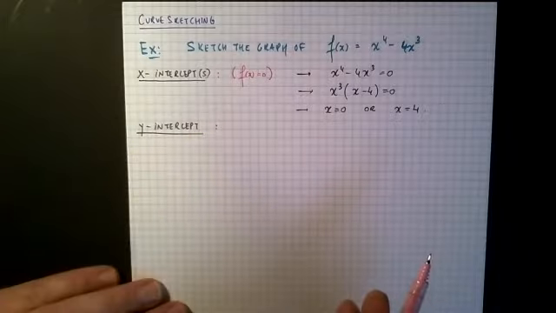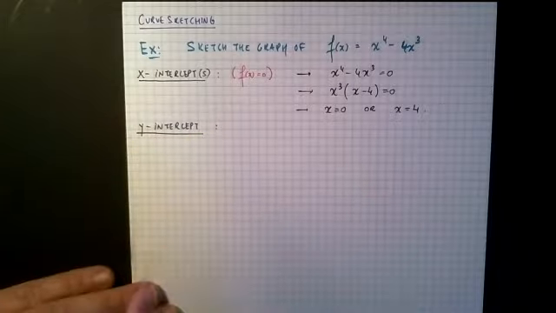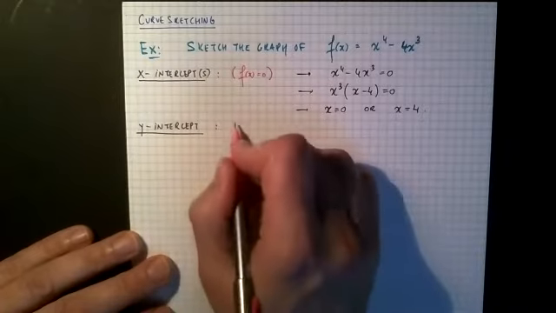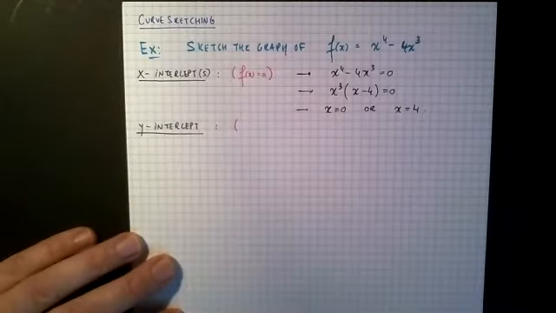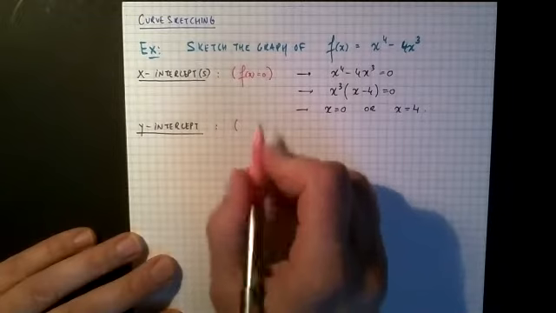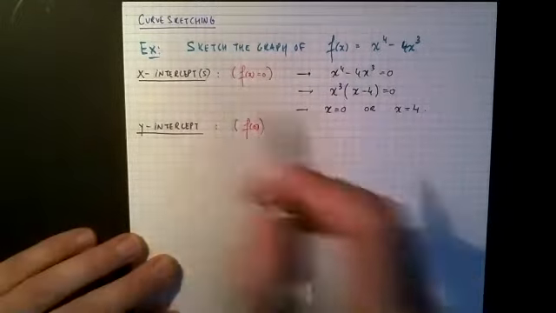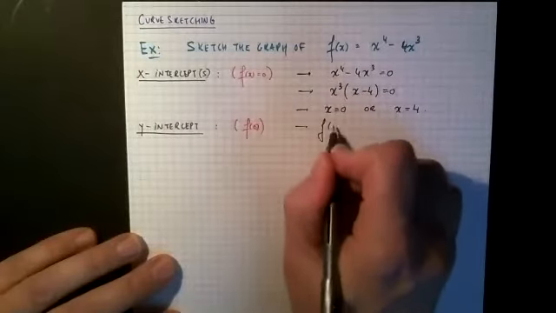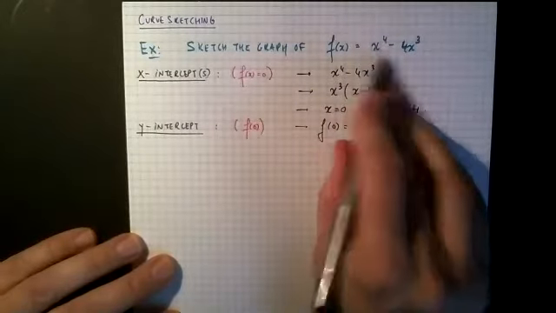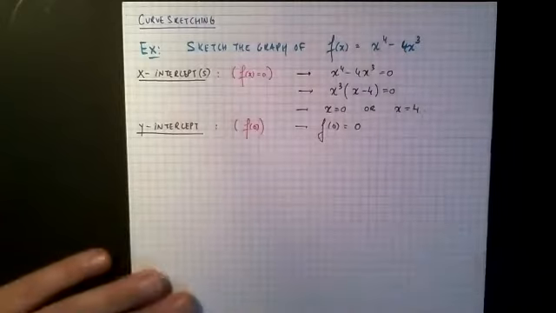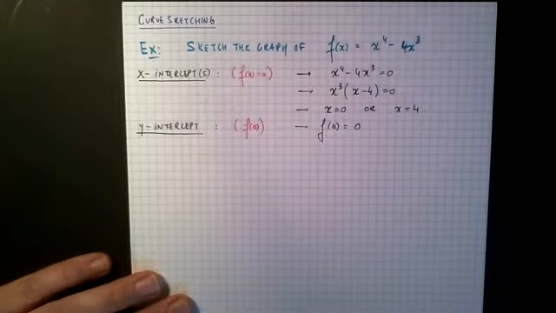There might be none, but there is at most one. How do you find it? Replace x with 0, so it's f of 0. If you plug in 0, you get 0. That's my y-intercept.